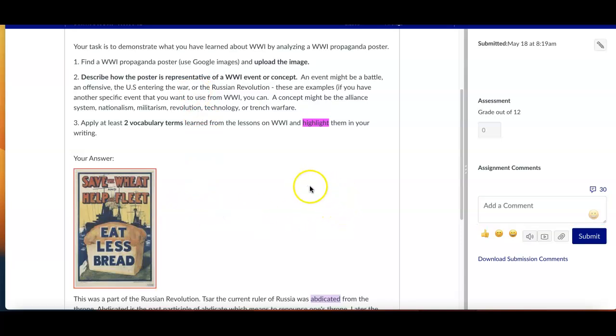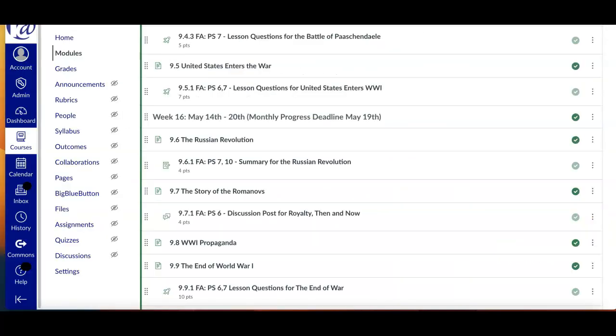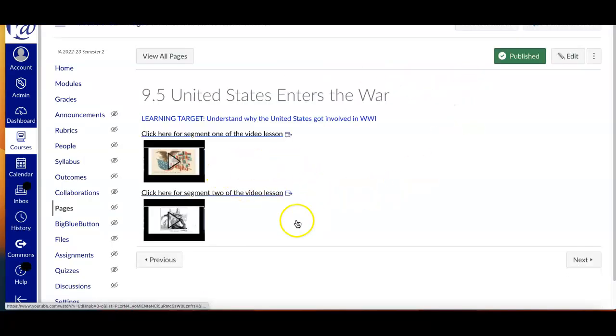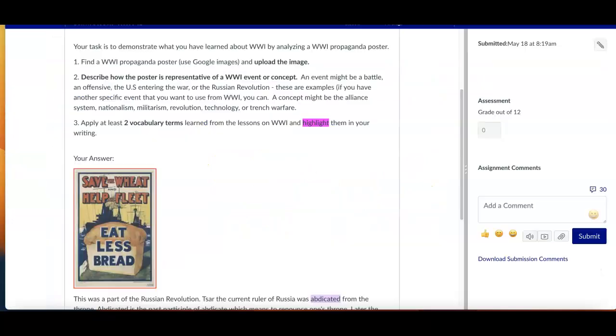Now, where can you find the vocabulary terms to apply to this poster? Well, I think one of the easiest lessons to refer to is this one, the United States entering the war. So there's 2 videos that are in there. And within that video, you are going to see this term.